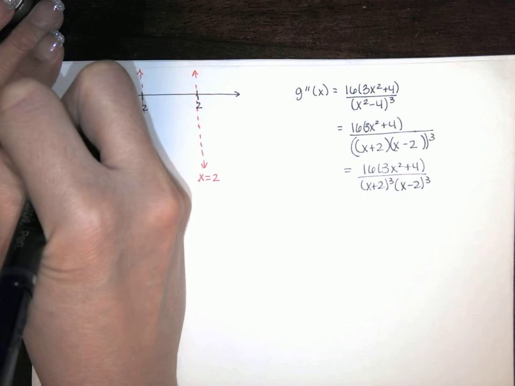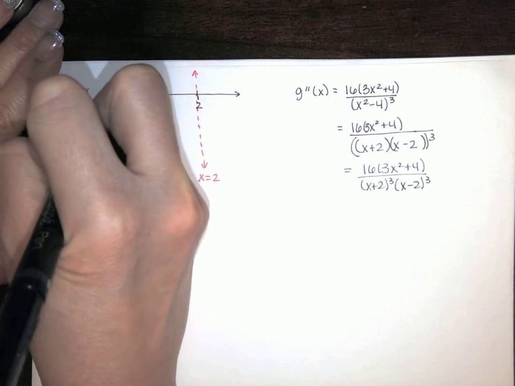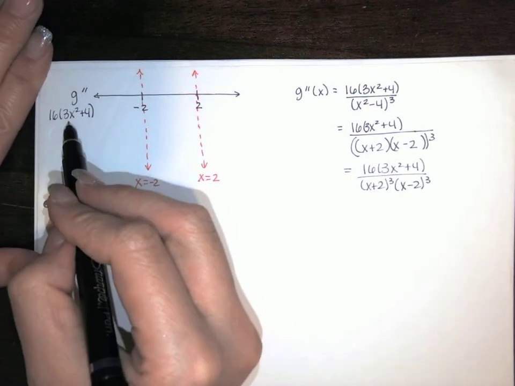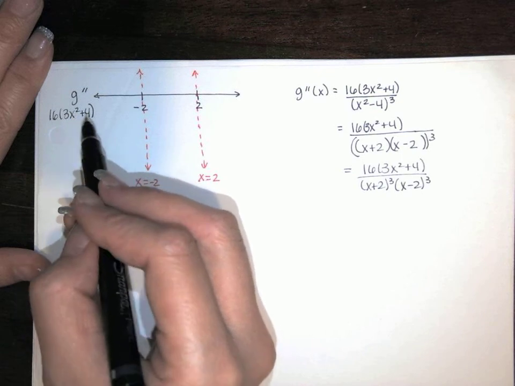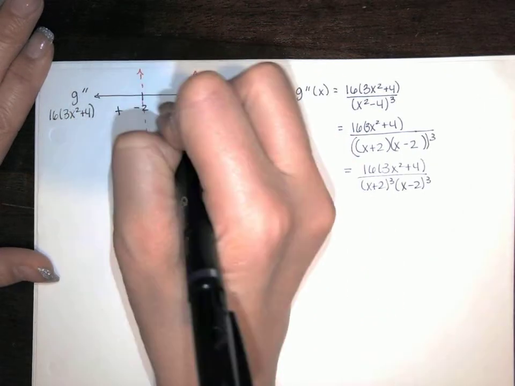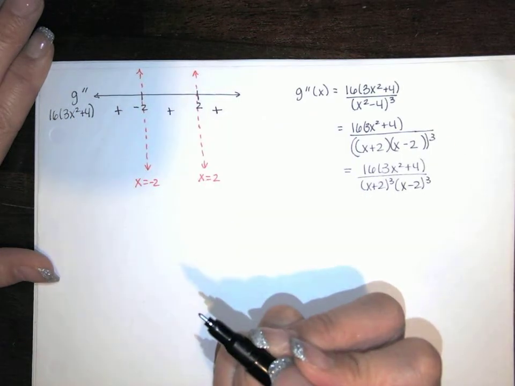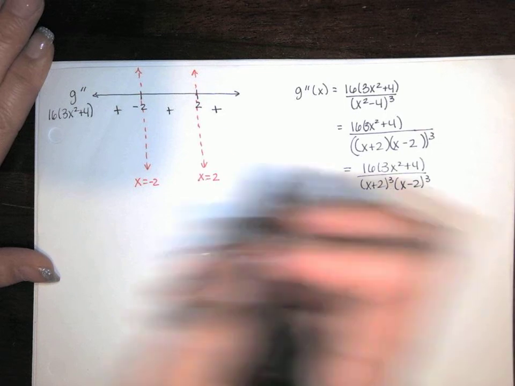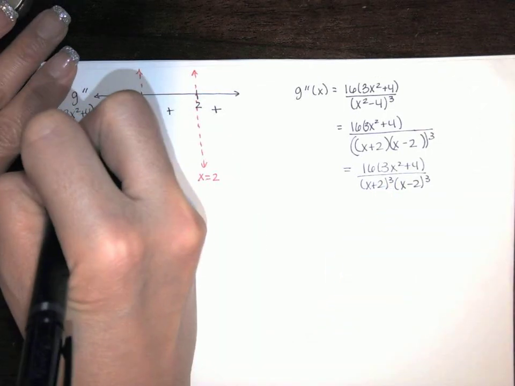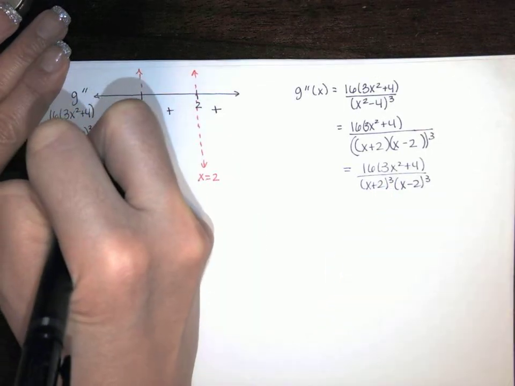Got a 16 times 3x squared plus 4. Does not matter what x is. That's going to be a positive number plus 4 times 16. It's going to be positive. So that's our numerator. Now in the denominator, I've got this factor and this factor, x plus 2 cubed and x minus 2 cubed.